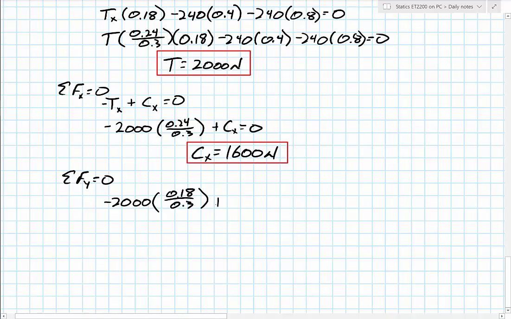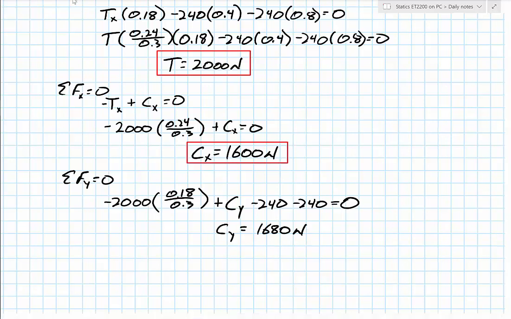And then I want to know what my Cy is going up. Don't forget you have those two 240 external forces pushing down, set the whole thing equal to 0, and from there I can find Cy is 1680 newtons.